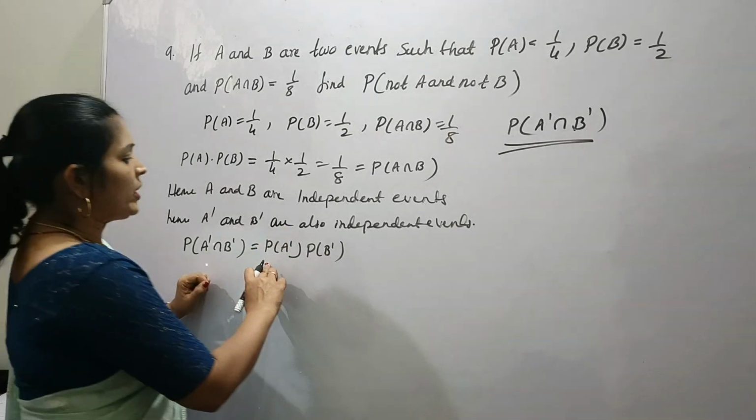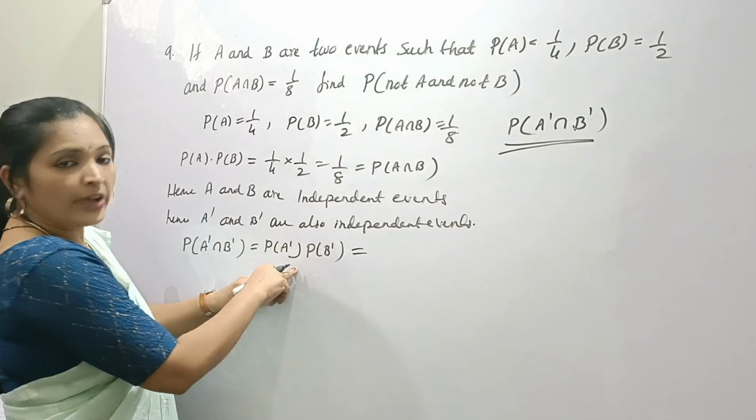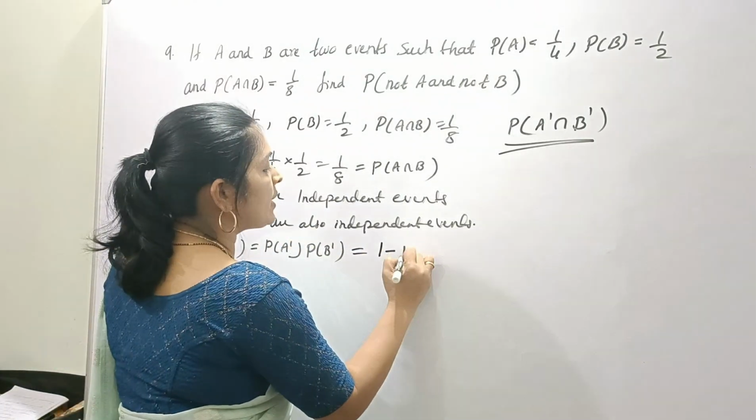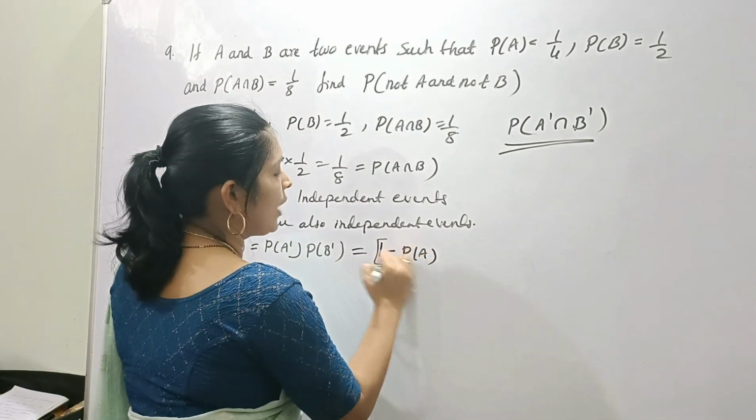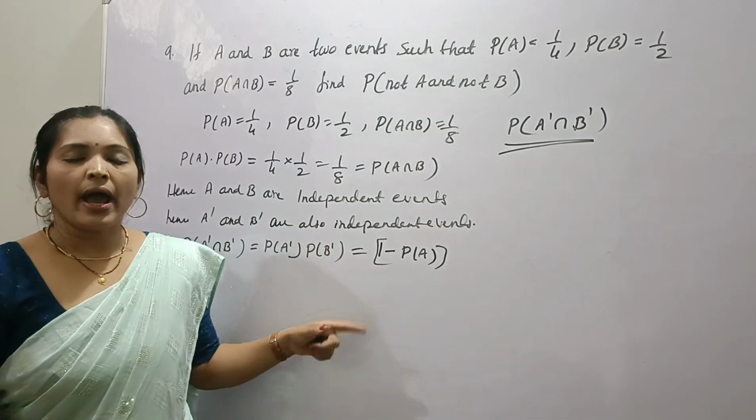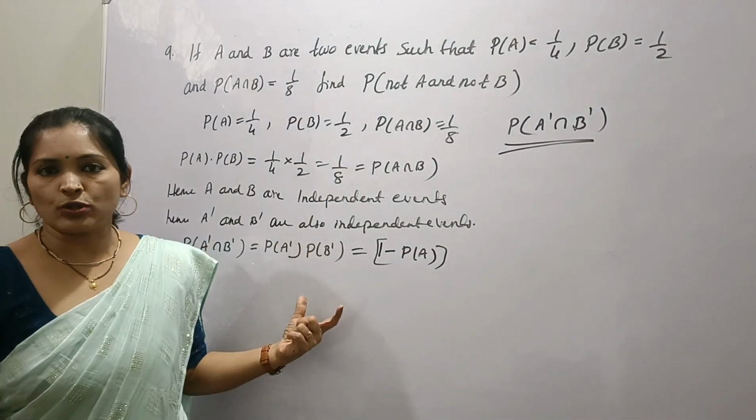So here, what is probability of A complement? That is 1 minus probability of A. I have already mentioned in the introduction and we studied in 11th standard also, right?